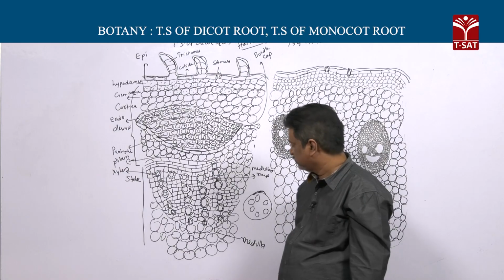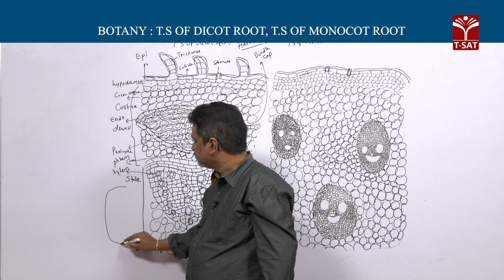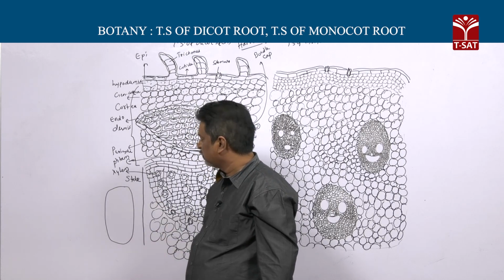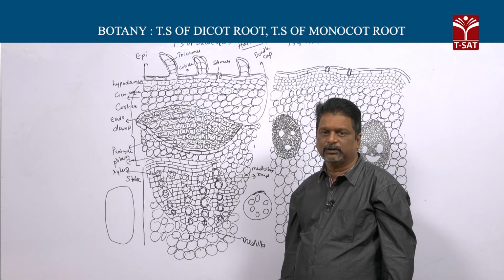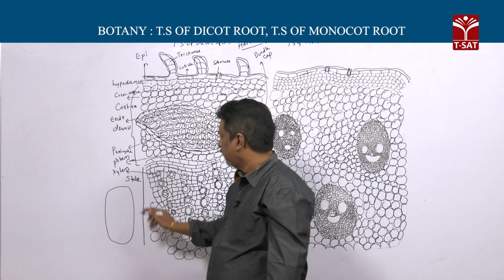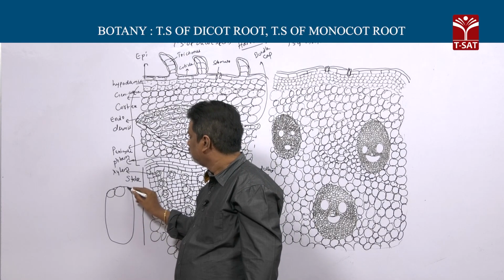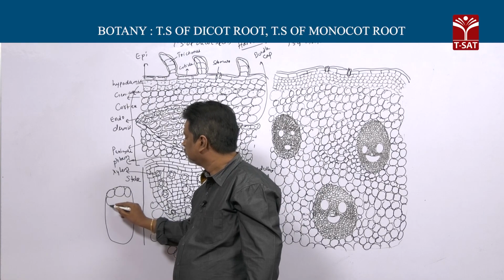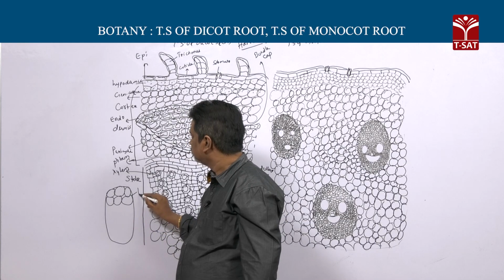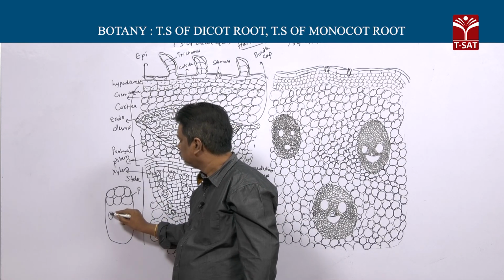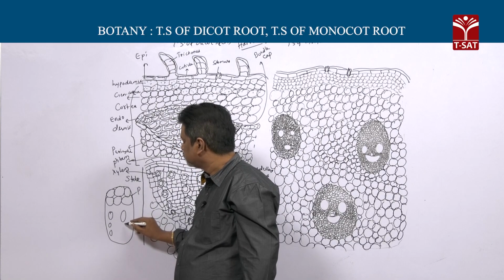Next one, vascular bundles. In the dicot stem, vascular bundles are wedge shaped. Wedge means top shaped. Among vascular bundles, generally phloem is outside and xylem is inside.